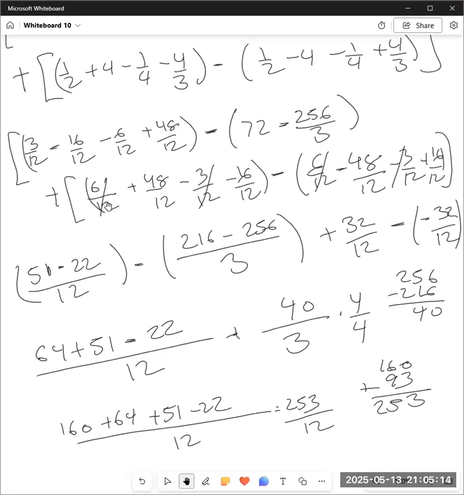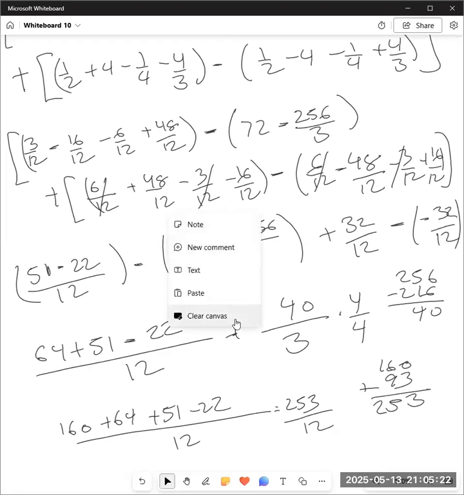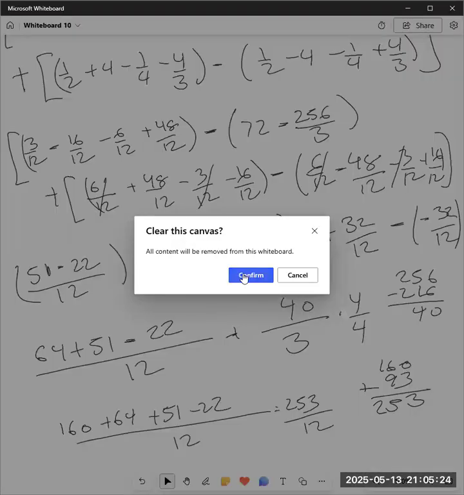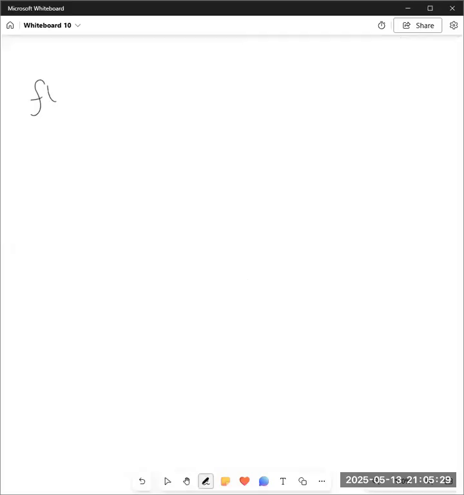Let's go ahead and look at number 27. f of x is e to the 0.5x. g of x is negative 1/x.